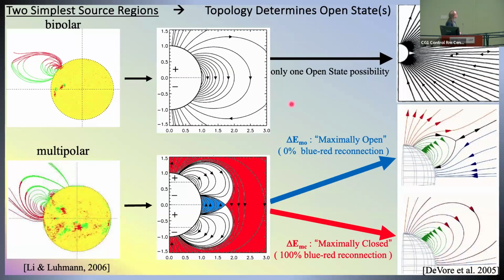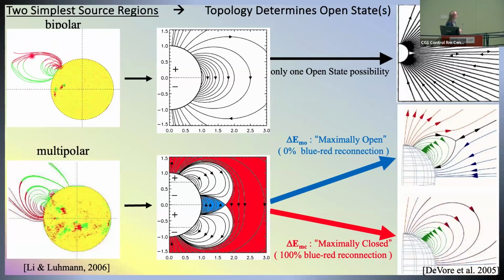So on the left here, you have basically the simplest and the second simplest magnetic complexity in terms of a closed field configuration that I'm going to put some energy into. A bipolar configuration like this is the standard Helmet streamer.